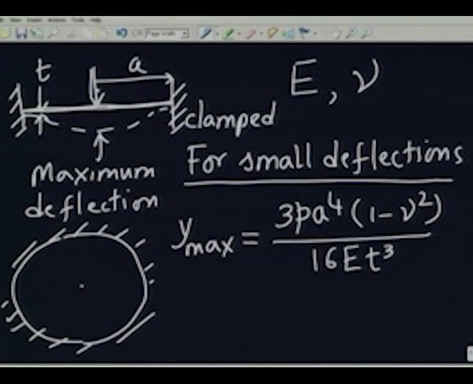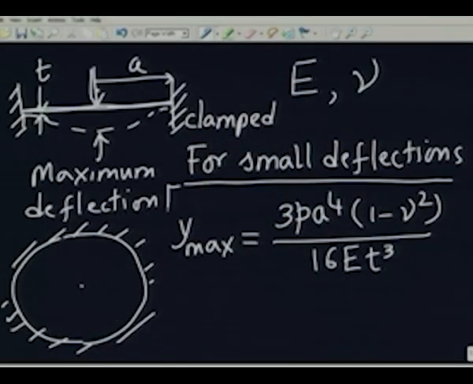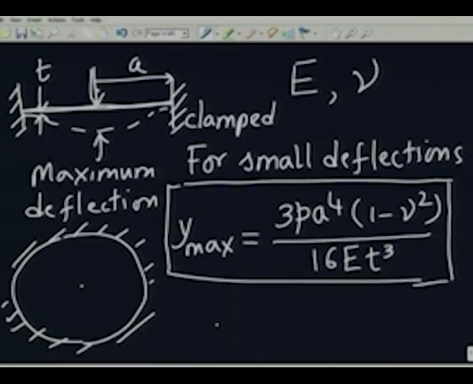So, 3 p a to the power of 4 into 1 minus nu squared divided by 16 E t cube. So, this is a very important relationship. Actually, you can rewrite it as p equal to some k times Y max.